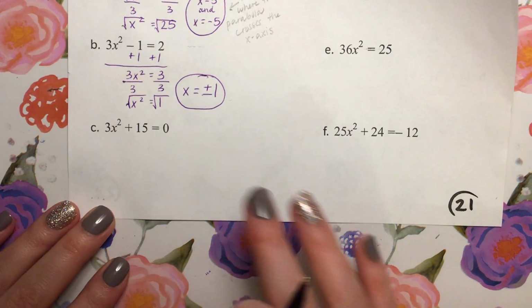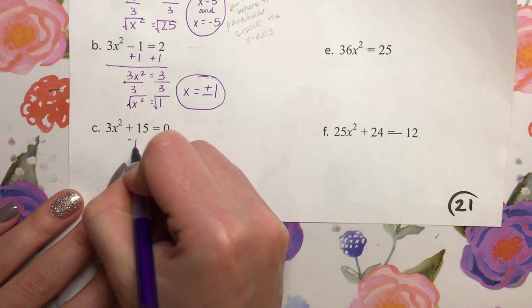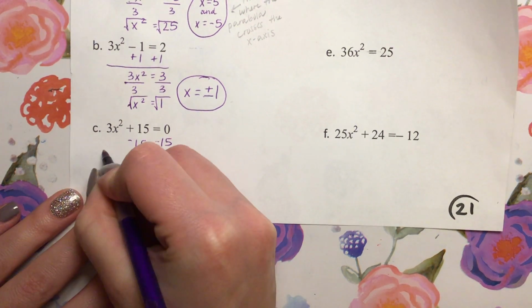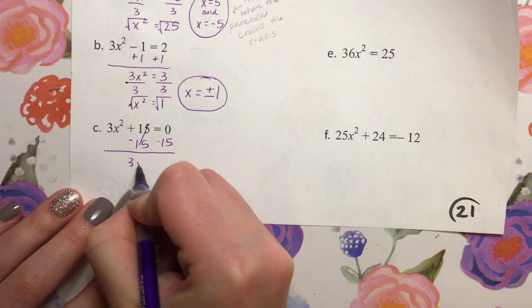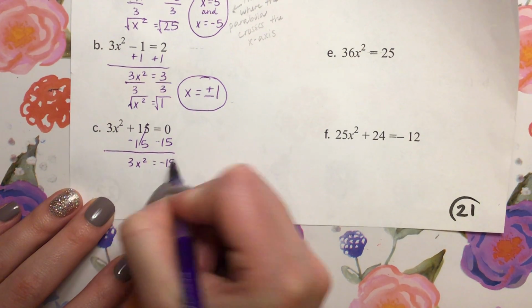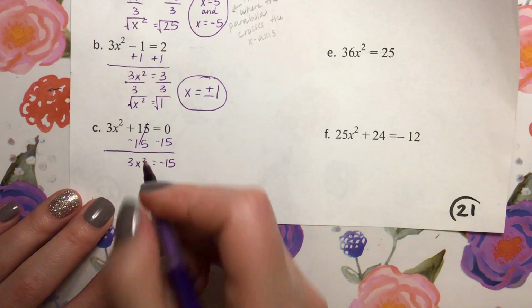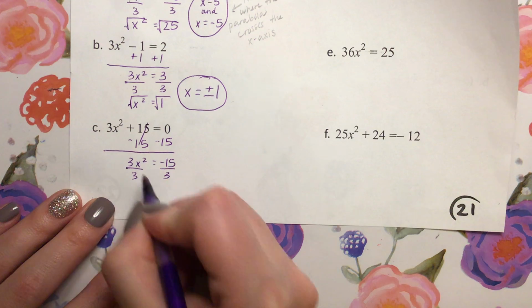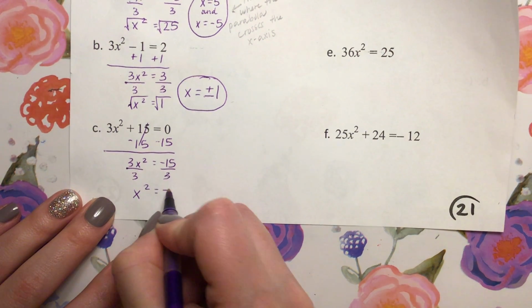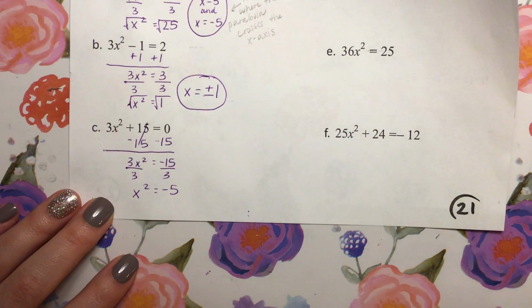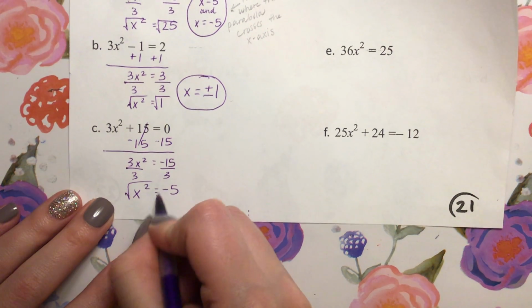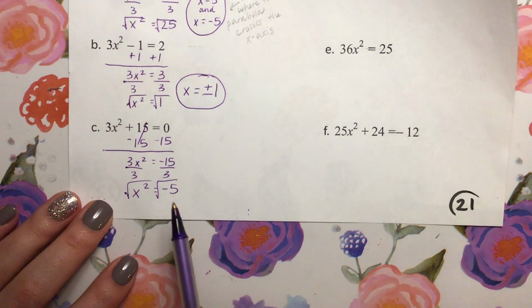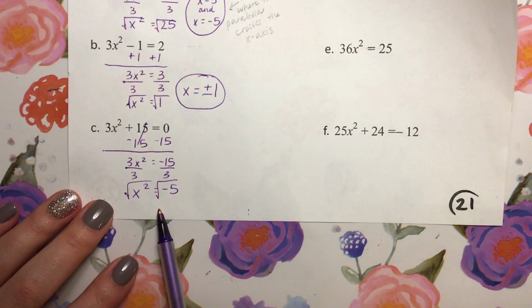Let's do that for example C. I'm going to subtract 15 from both sides. And now I have 3x squared is equal to -15. I'm going to divide both sides by 3. Now I have x squared is equal to -5. When I square root this, something unique is happening here. I have a negative inside of a square root symbol.